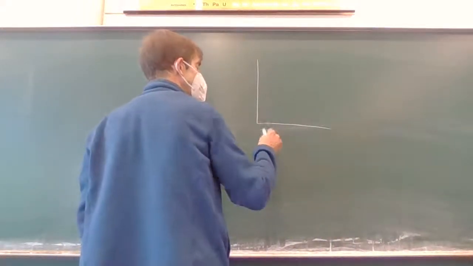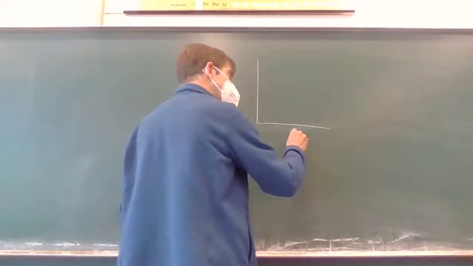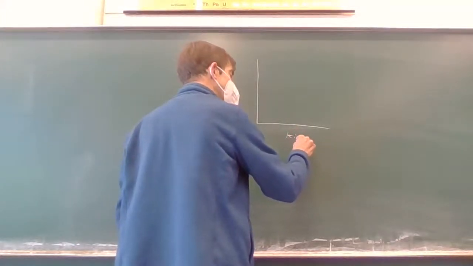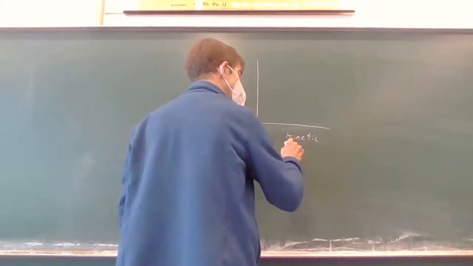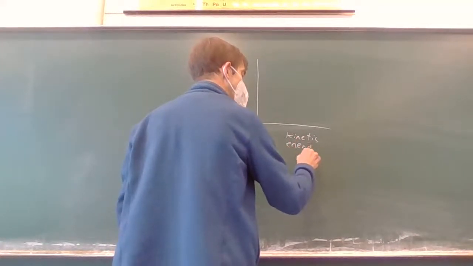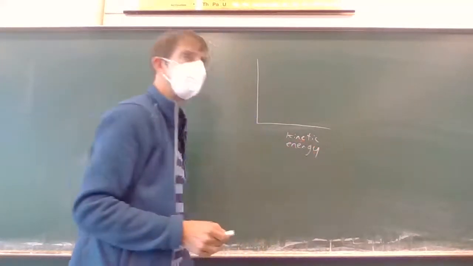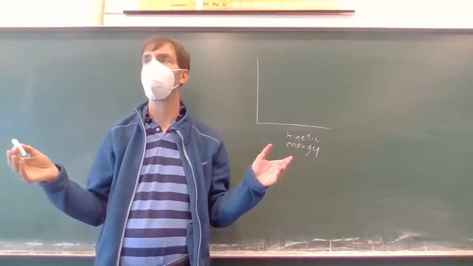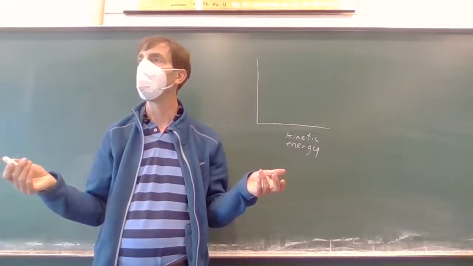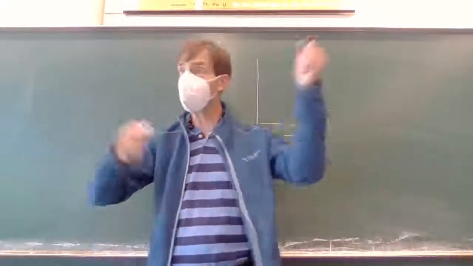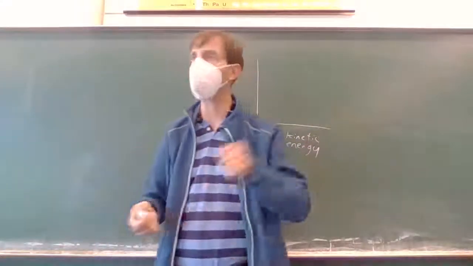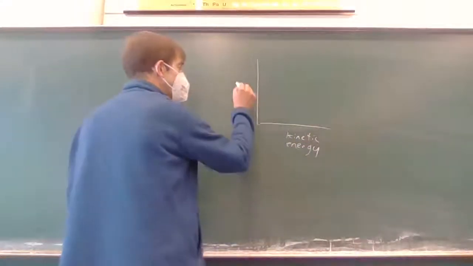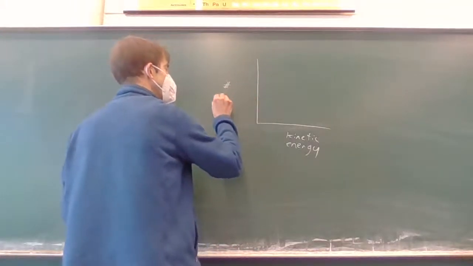We said molecules have a certain amount of kinetic energy. We're going to put that here on the x-axis. What was kinetic energy? Just in your own words. Kinetic energy, Emil? Good, energy of movement. So if it's moving, it's got kinetic energy. Good. And on this side, we have number of molecules.